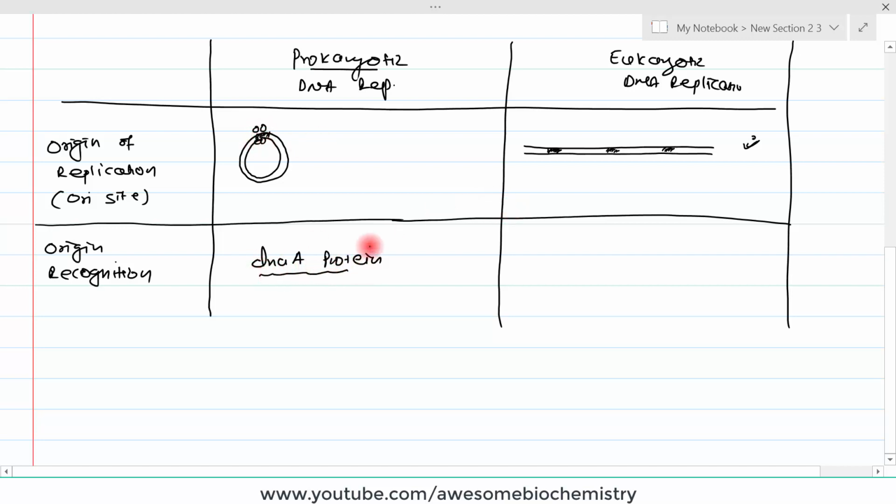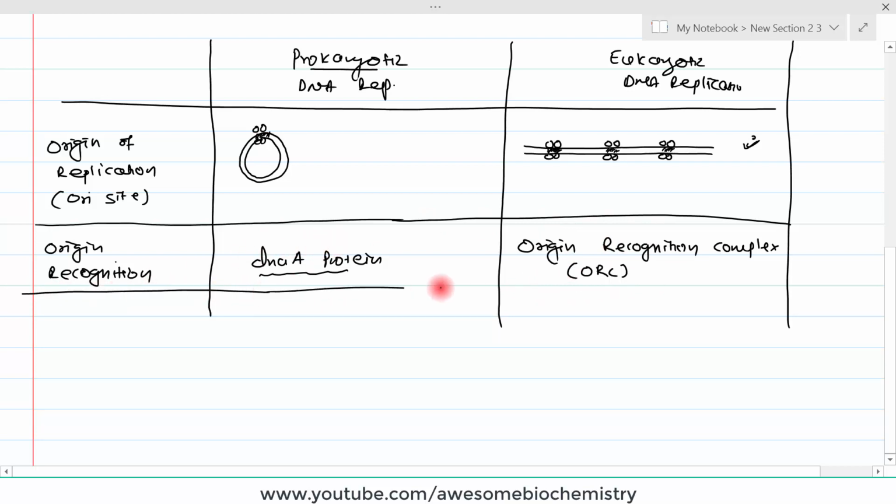In eukaryotes, by the same mechanism, there are different kinds of proteins known as the origin recognition complex, or ORC. These are complexes of proteins. ORC proteins bind at the ori site in eukaryotes. So the mechanism is almost similar, just the protein is different. Even the 3-dimensional structure of ORC matches with the DnaA protein.